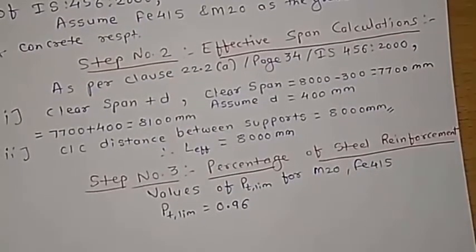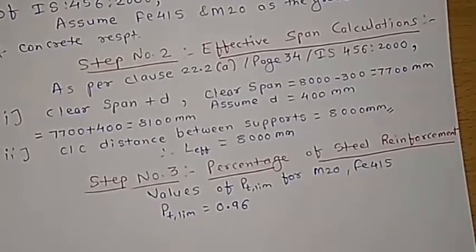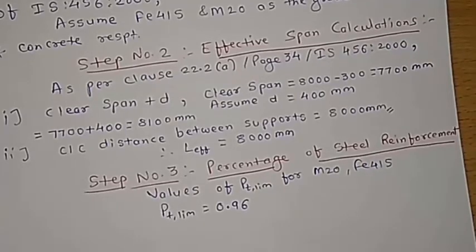This is the table that we will be considering for the different grades of steel and concrete, and for this grade of steel and concrete we can directly consider it as 0.96.